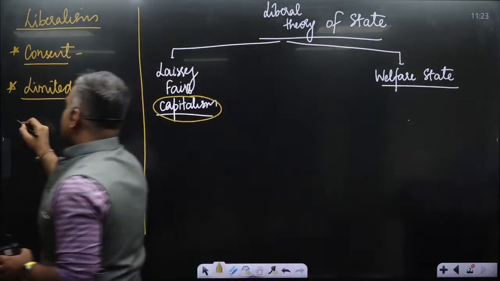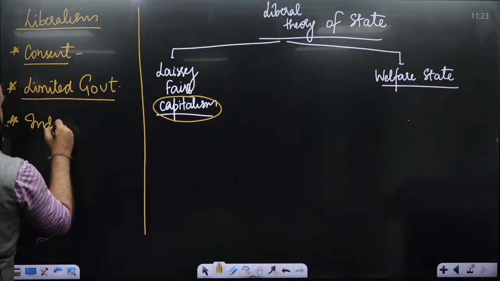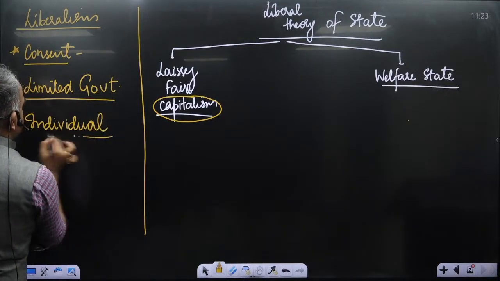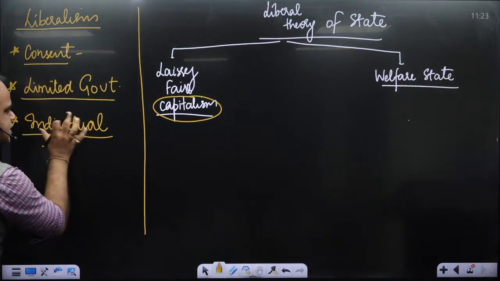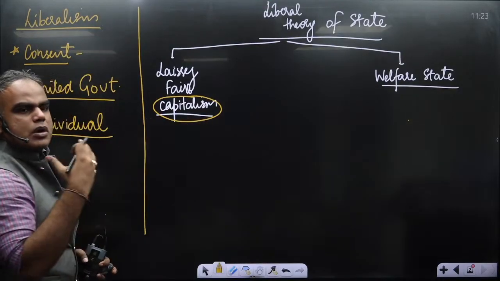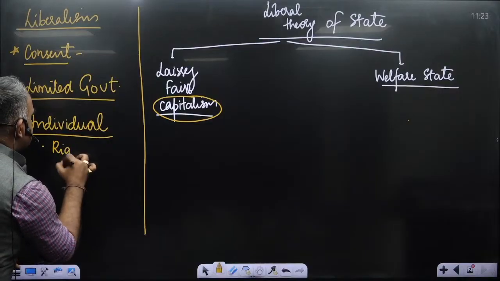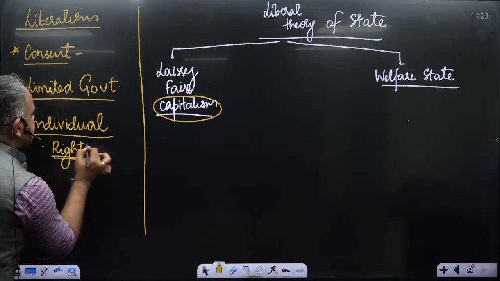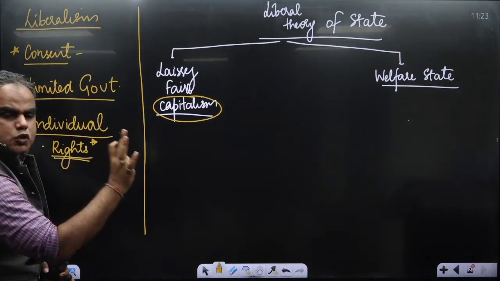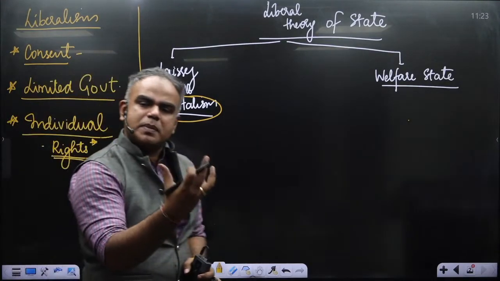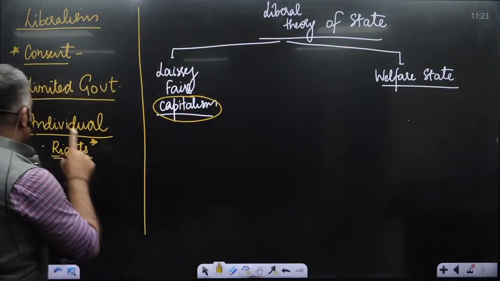Then the main focus here is the individual, and this is going to be the main thing that determines the relation. So for the individual, the main thing is about rights. They would not focus too much upon duties. In the socialist or Marxist state, there will again be a quest for duties.